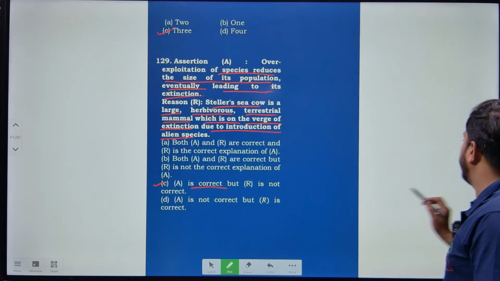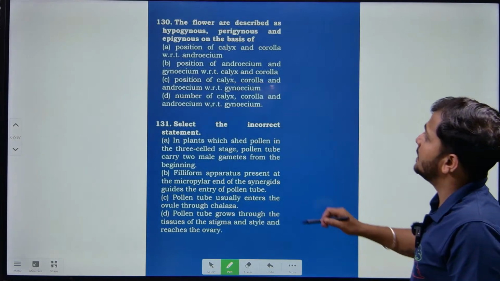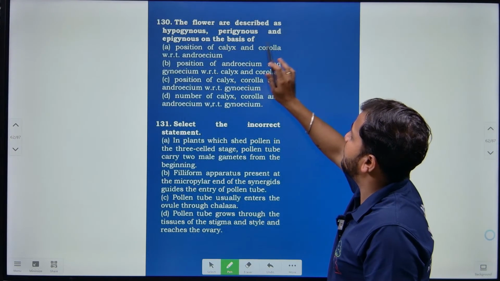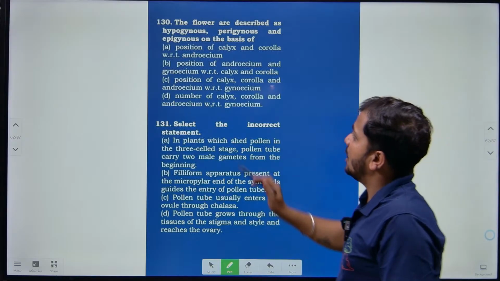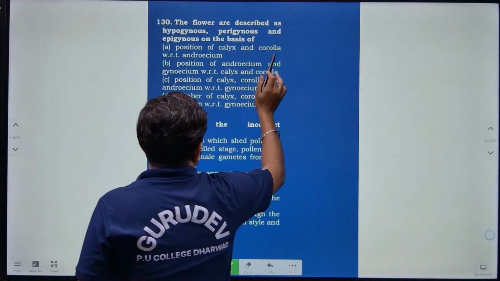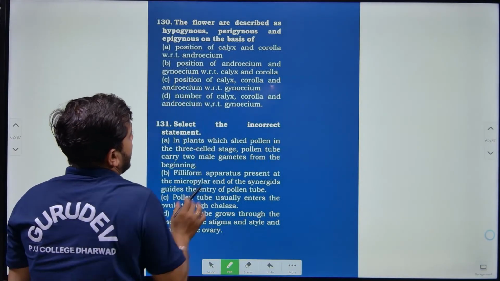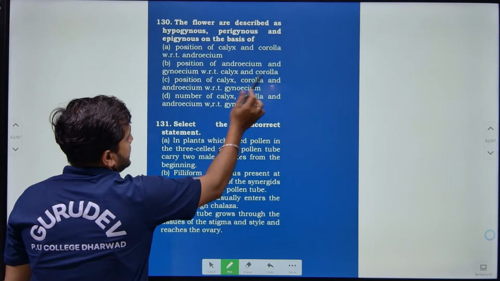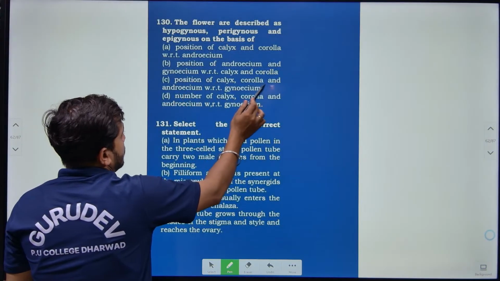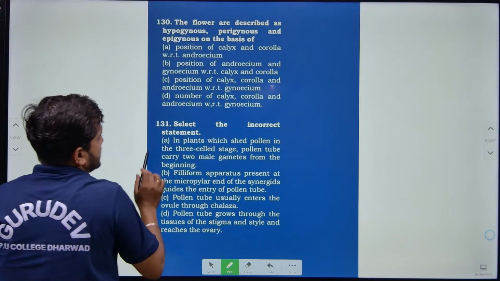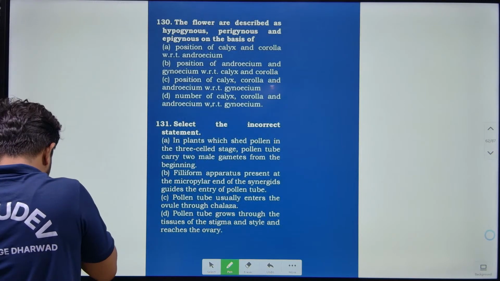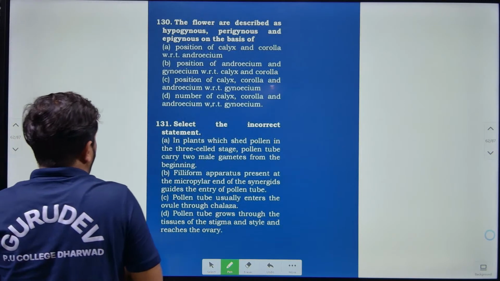R is incorrect. Then the flowers are described as hypogynous, perigynous, and epigynous on the basis of what? Position of calyx and corolla with respect to the androecium? Position of androecium, gynoecium with respect to the calyx and corolla? Position of calyx, corolla, and androecium with respect to the gynoecium? Number of calyx, corolla, and androecium with respect to the gynoecium?